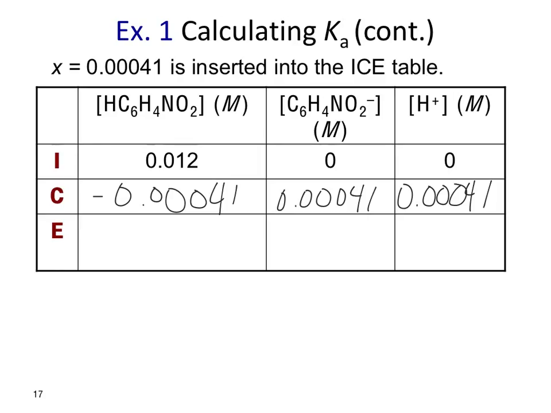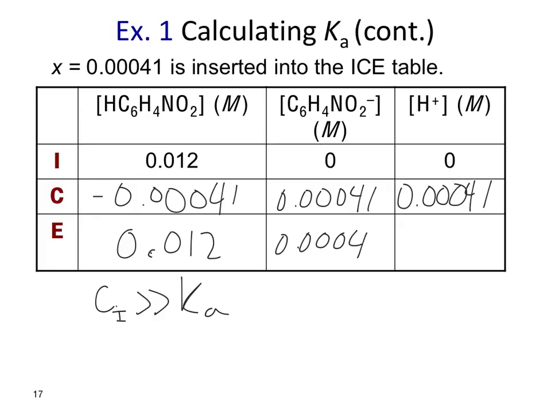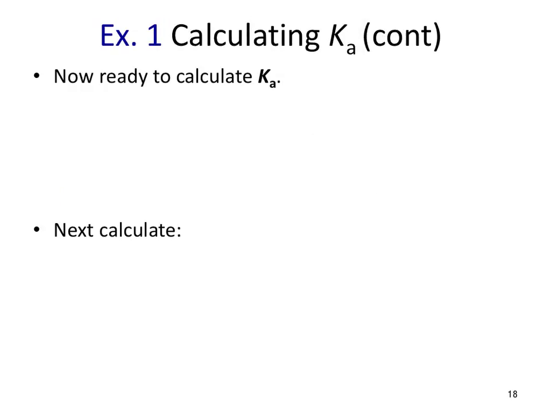If you do the math here, this stays at pretty much the same value, because C initial is going to be much, much greater than Ka, because we can see how small of a change it's creating. All right, so then we're ready to calculate Ka, because we have all of our concentrations at equilibrium.